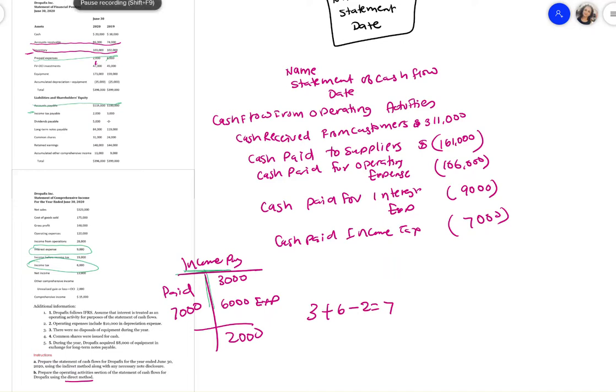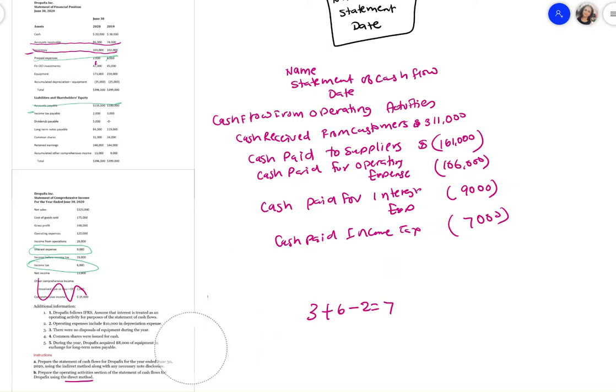Now we have done everything. We don't need to deal with other comprehensive income, since that comes out of your other comprehensive income. So that is your 7. Now once we're done, the answer was 28,000. We want to know, did we get 28,000 here?